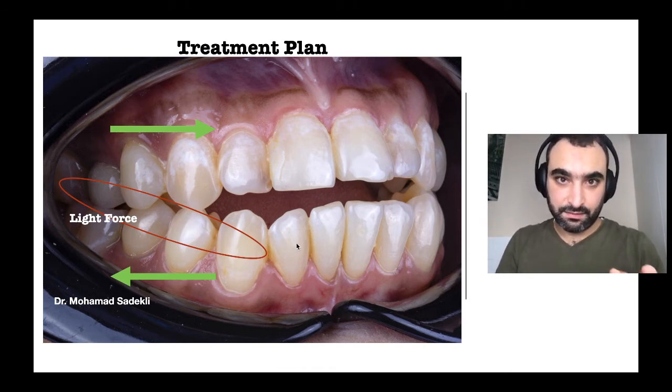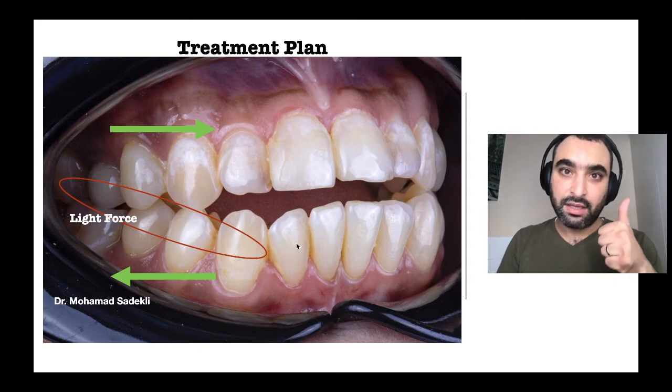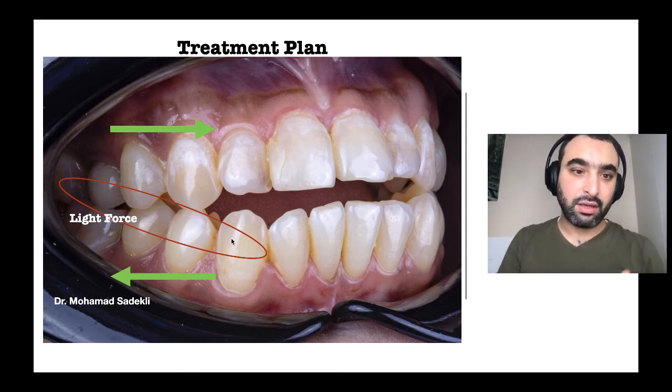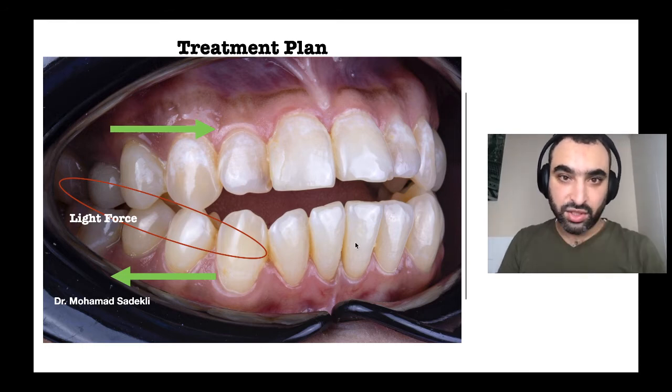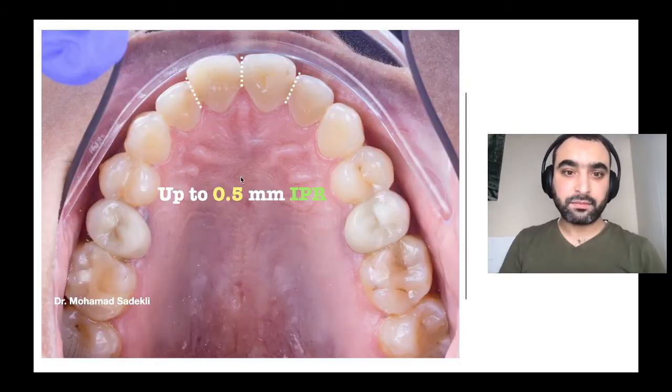After that, I put the Damon system, Damon Clear 2, on upper and lower with light forces of class 3 from this side and triangle elastic from this side, just to support this elastic and to support the patient's lower position, mandible position.